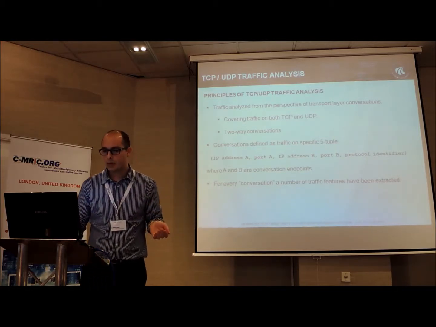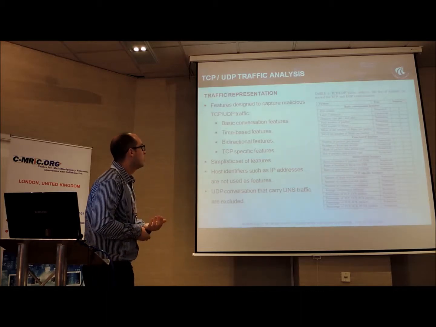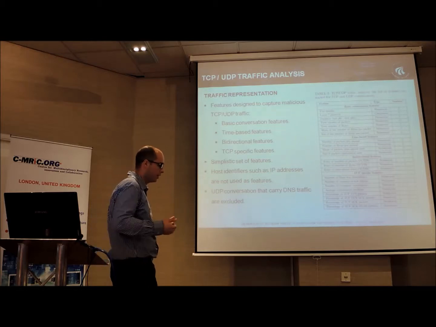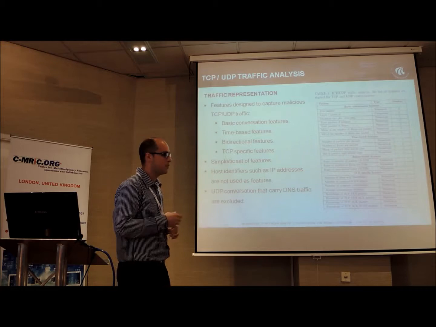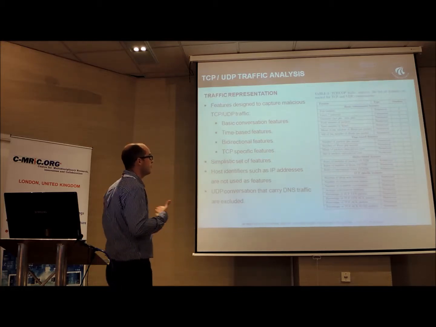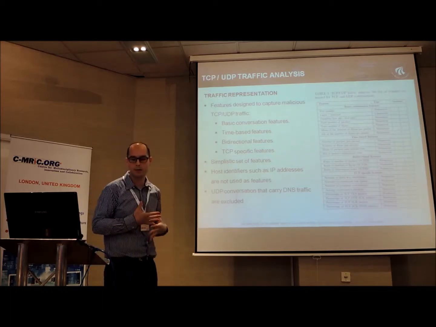So let's have a look at what we really look at for TCP and UDP. For TCP and UDP, we take a certain number of features, I think around 30, but in the paper you can find it more precisely. These features are grouped in 4 groups: basic conversational features, time-based features, bidirectional features, and TCP-specific features.